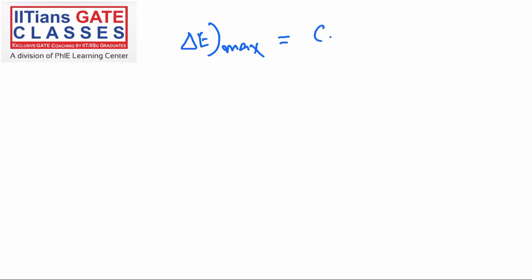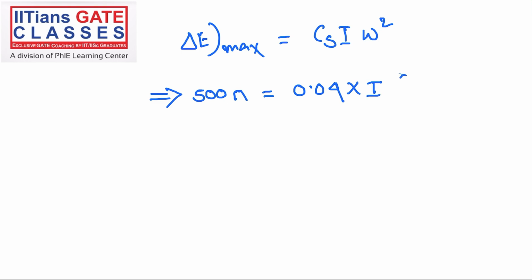Now we have a formula, delta E max is equal to CS I omega square. We found delta E max as 500 pi. This is equal to the CS value we have found as 0.04, times I, which we need to calculate, times 104.72 whole square, isn't it?